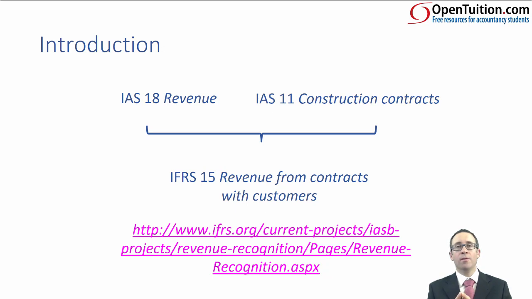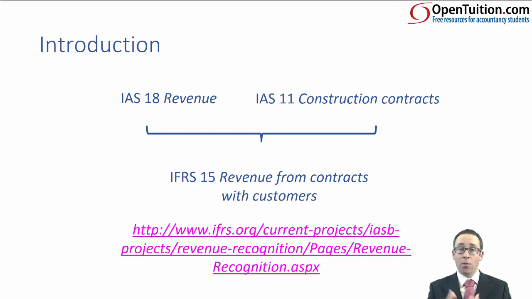So whether you make sales through the sale of goods, the provision of services, or whether you are constructing an asset on behalf of somebody else under a contract, IFRS 15 will cover all of those aspects following the same specific rules.